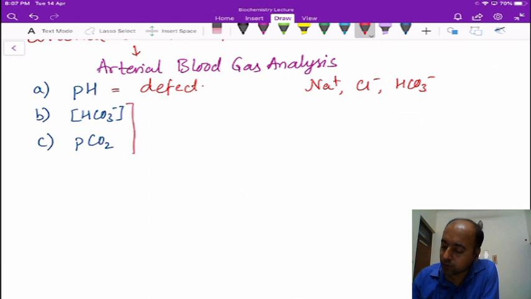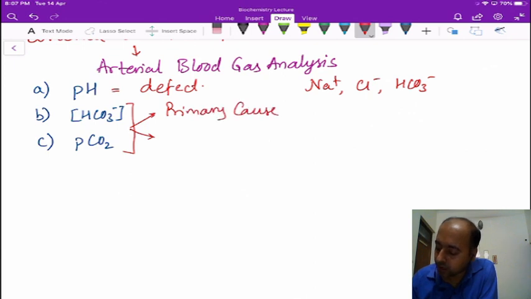The other values will help us to determine two things: the primary cause and compensation.